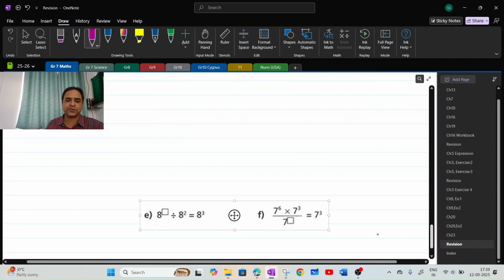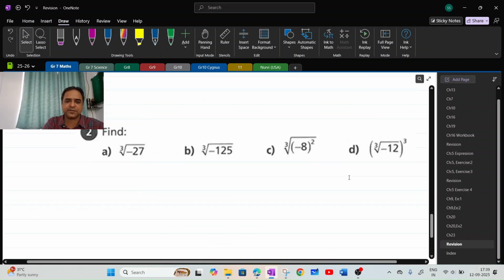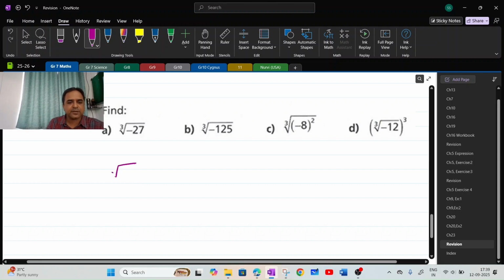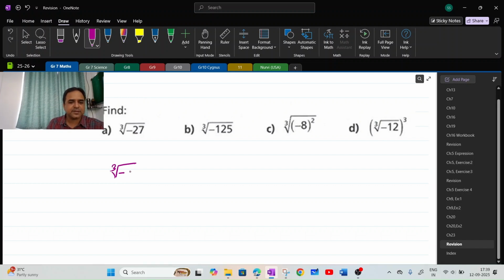So in that case, we have taken this example. If you have cube root of minus 27, here you know that minus 27 can be written as 3 multiplied by 3 multiplied by 3. If you want, you can give this negative sign to all these 3 or only this one, because when multiplication is in odd values, it results into negative numbers only.